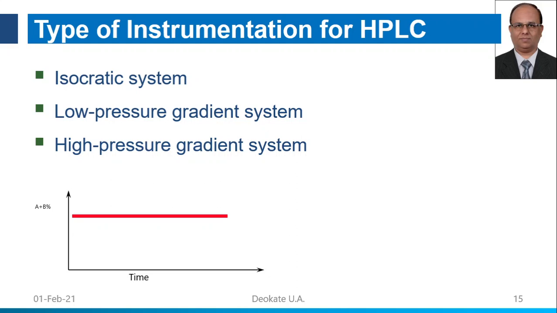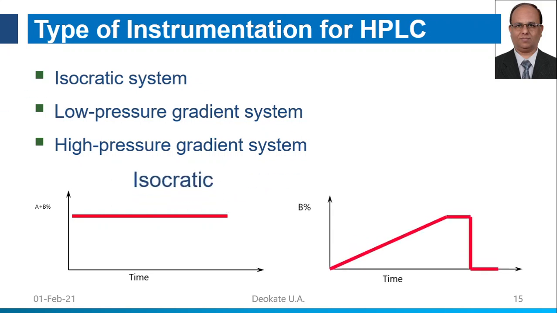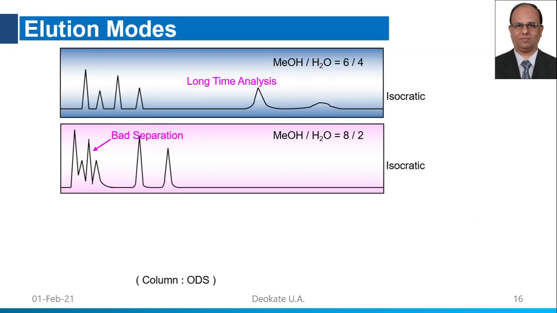Multiple solvents may be there, but their composition remains constant throughout the process of elution. That is called isocratic elution. In gradient elution, we are using a changing composition of mobile phase during the process of elution, meaning this B percentage gradually increases, and that gives better resolution. That is called a gradient elution system.